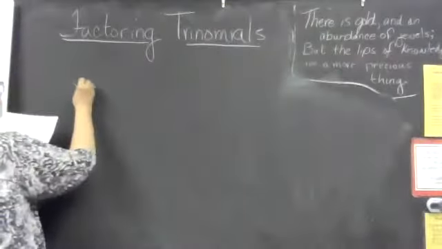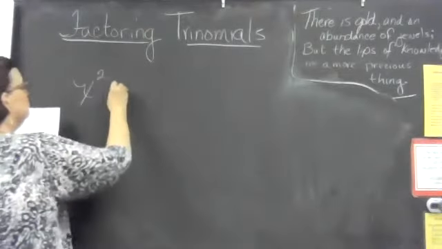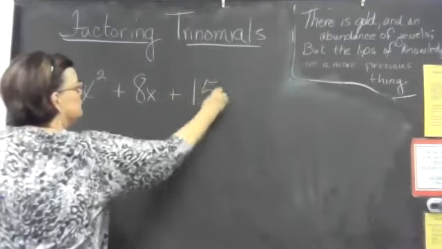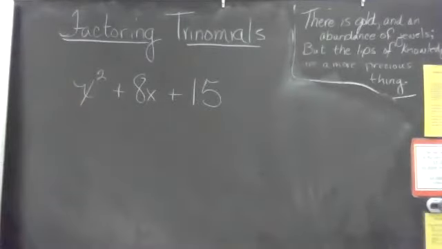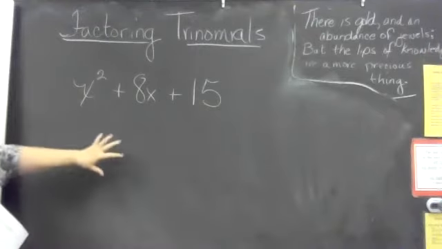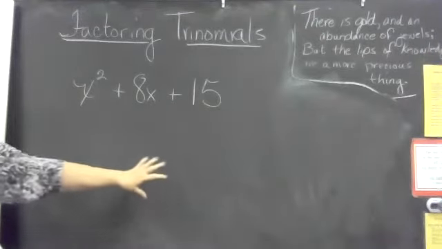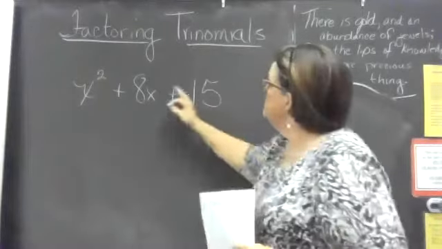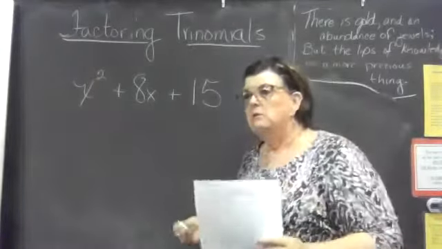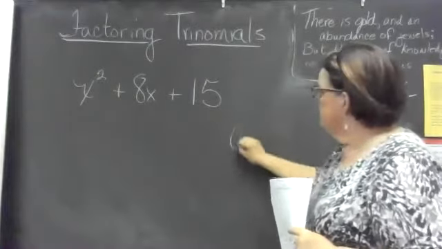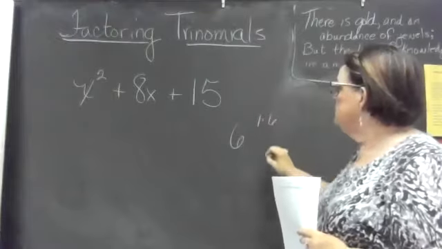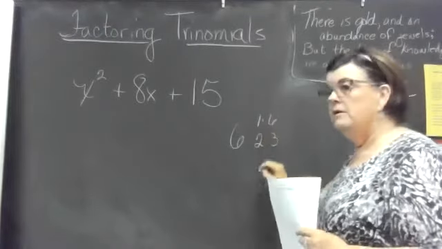So here's a trinomial. Now we need to factor this. That means to break it down into items that could be multiplied together to come back to the answer. Factoring means to break this up, divide it. Like if you wanted factors of 6, you would divide this up into either 1 and 6 or 2 and 3, right?